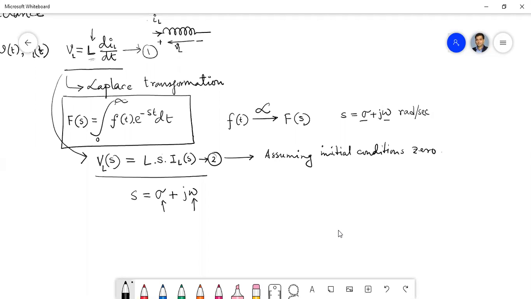One is called the transient state, another is called the steady state. Transient state and steady state, two states are there, where this sigma is present only in the transient state.